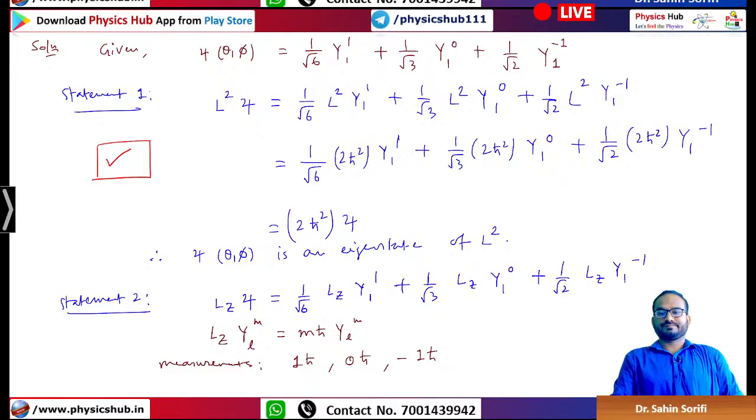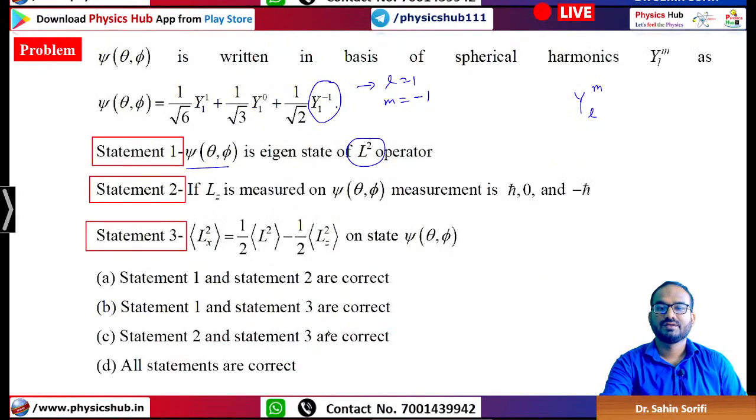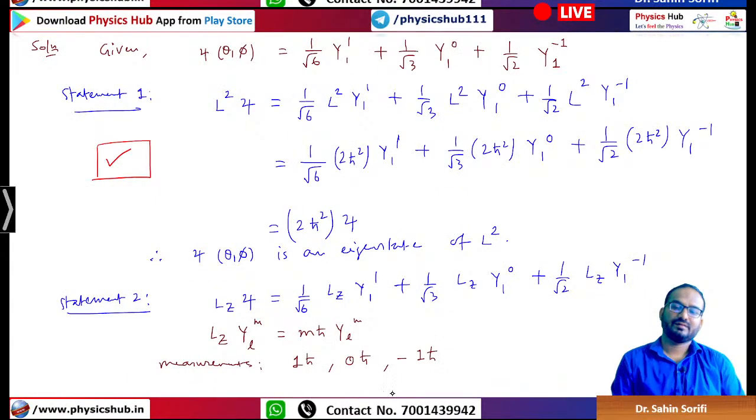Okay. So what is the probability of getting plus h cut? Probability of getting plus h cut will be 1 by 6. Probability of getting 0 h cut is 1 by 3. Probability of getting minus 1 h cut is 1 by 2. Okay?